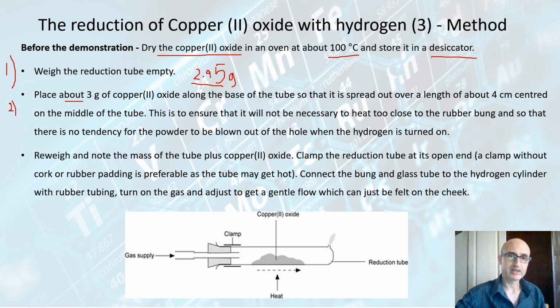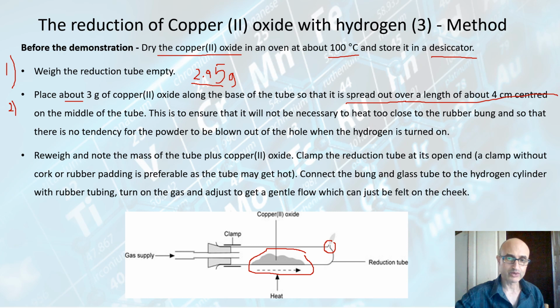So the copper 2 oxide should be spread out over a length of about 4 centimeters. It should be centered, okay, in the middle of the tube. The reason is to keep it away from the nozzle over there, from the exit point where the hydrogen will be vented, so that it will not be agitated so much to be lost.